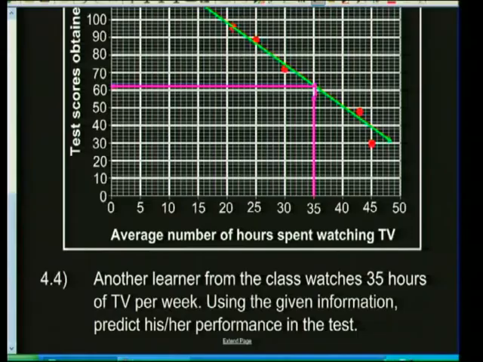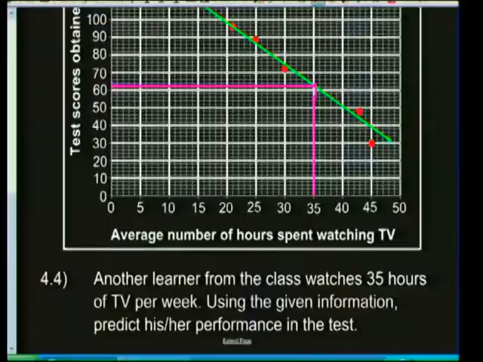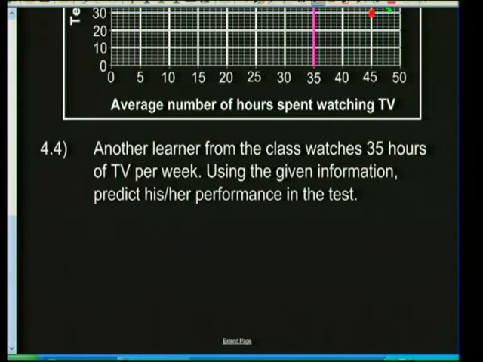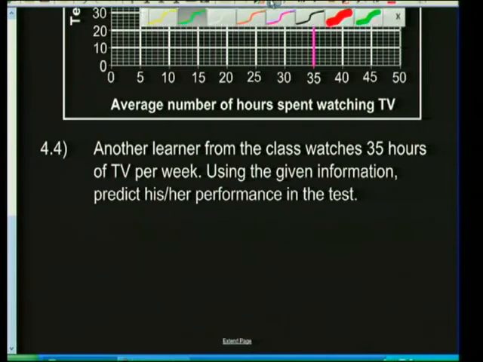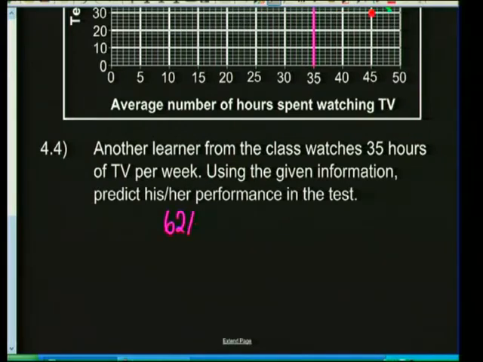Now, obviously, it's an estimation, so your answer will be accepted as a range between a certain set of values, and we can estimate that he's probably achieved around about maybe 62% for his test, and that's going to be our estimation based on our line of best fit and our connection between the two axes. So therefore, 62, in fact, no, I don't think it's percent, it's just 62 out of 150.